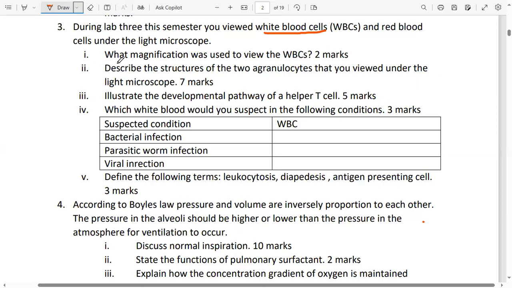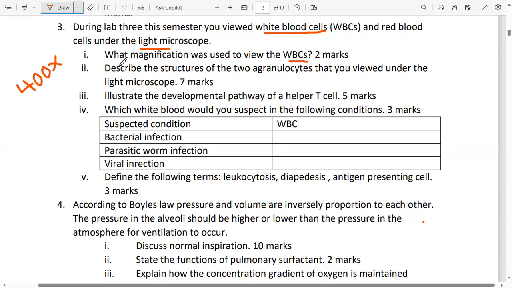They're asking what magnification was used to view the white blood cells. The magnification there is most of the time just 400x, because they are using a light microscope. It's very rare that it goes beyond that, so the magnification is usually 400x.